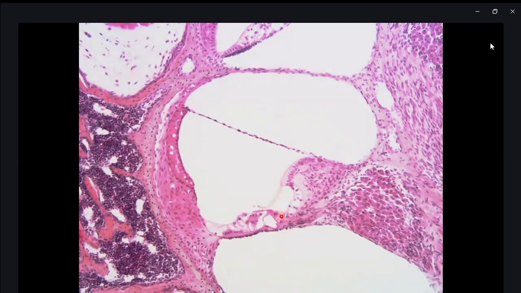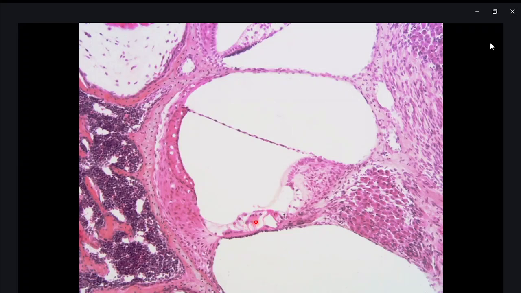In the inner, we have one row of inner hair cells and one row of supporting cells. In the outer, we have 3 up to 5 rows of outer hair cells. Apart from that, we also have supporting cells.